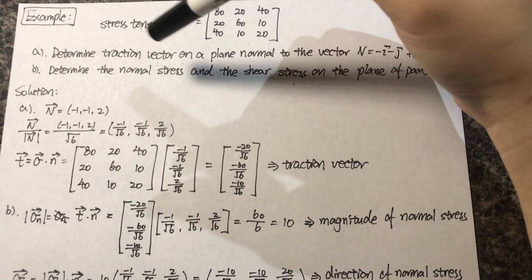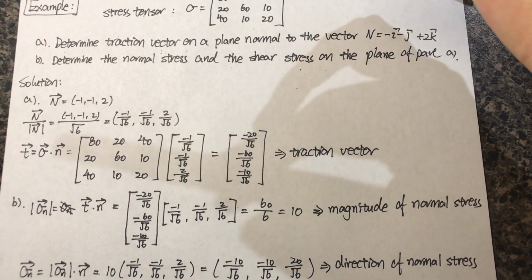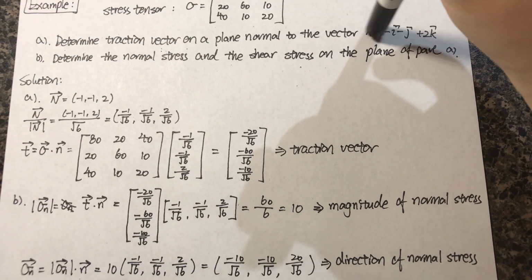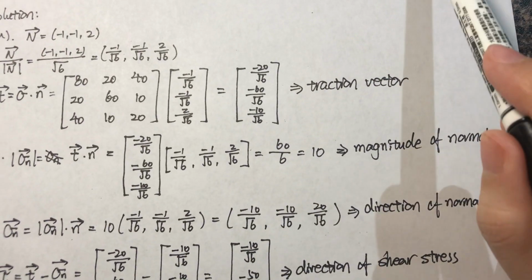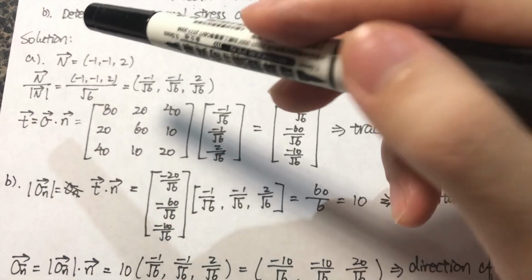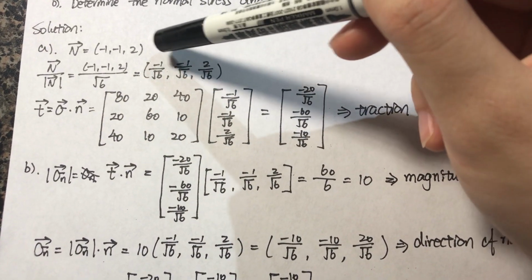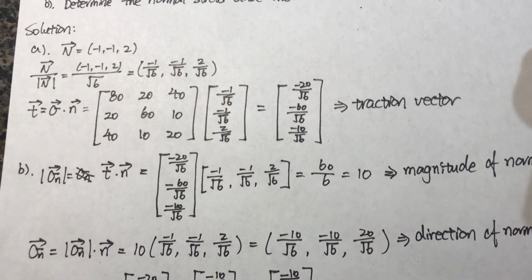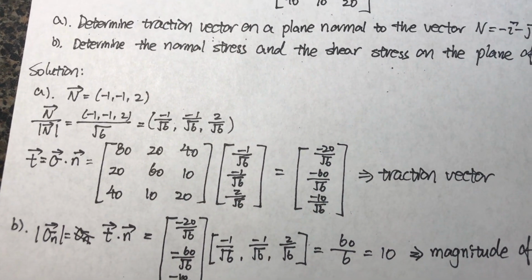And for part B, we're going to determine the normal stress and the shear stress on the plane of part A. So for this vector, we have minus 1, minus 1, and 2 for k. We normalize it, and we get minus 1 over square root of 6, minus 1 over square root of 6, and 2 over square root of 6.